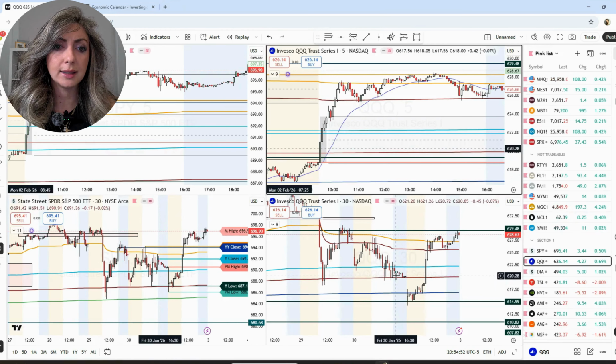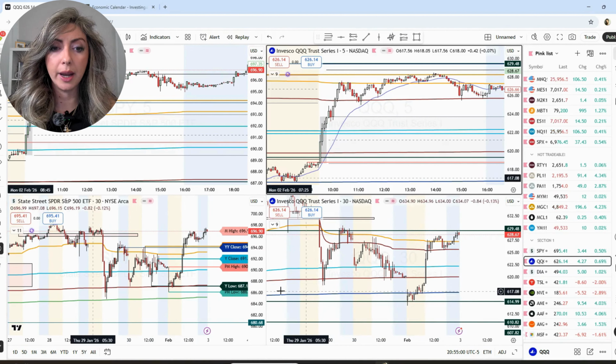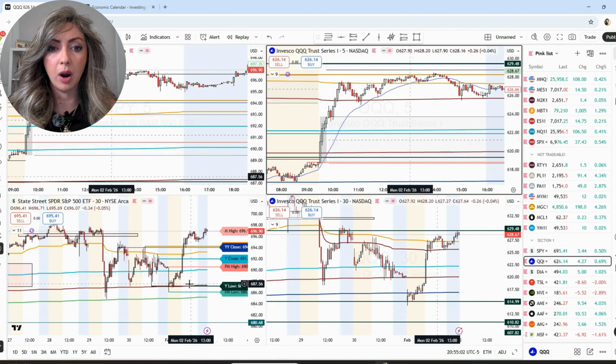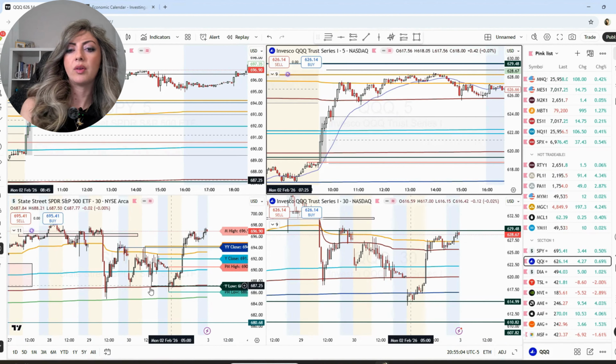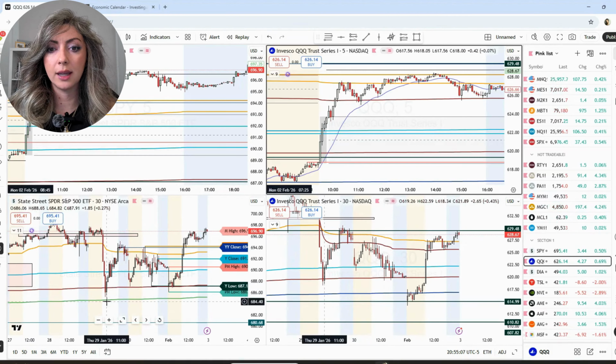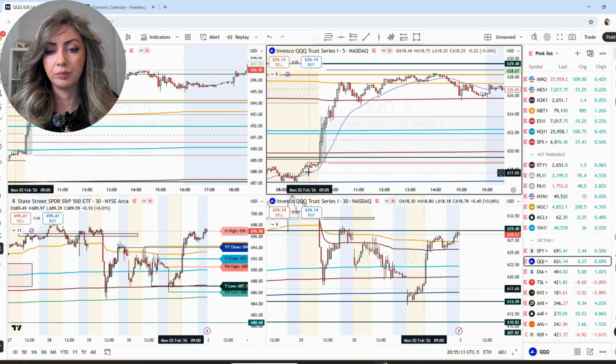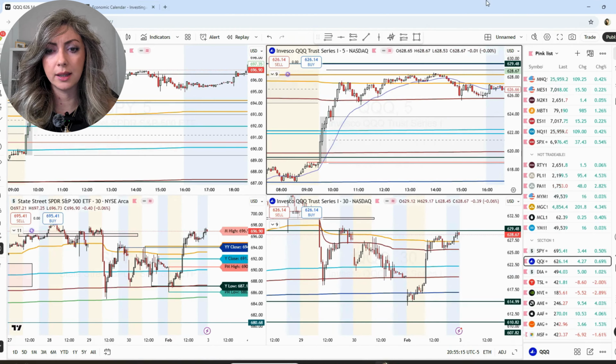On the other hand, this is Nasdaq on the 30-minute time frame. Nasdaq had the lower low, as you can see, so it was more bearish in the pre-market, but S&P 500 was more bullish. It has the higher low here. This was the previous low, and this is the higher low.